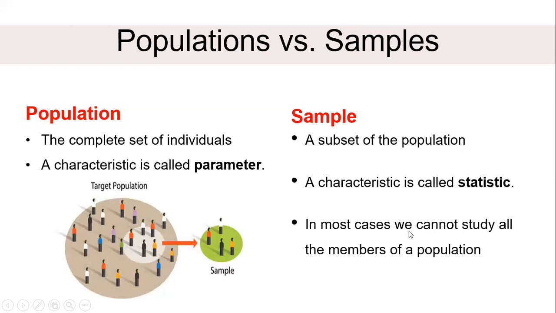In most cases, we cannot study all members of the population. Why is that so? Because usually, if the population is too large, for example, then you would need a lot of time, money, effort, energy to gather data from them.